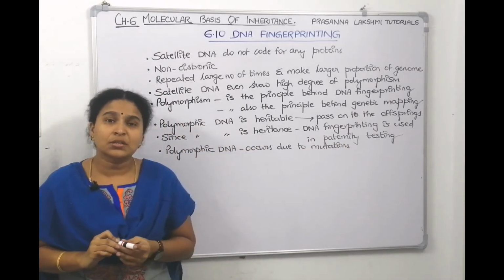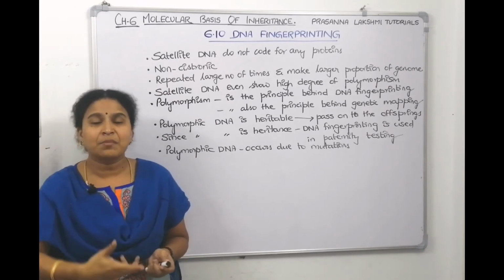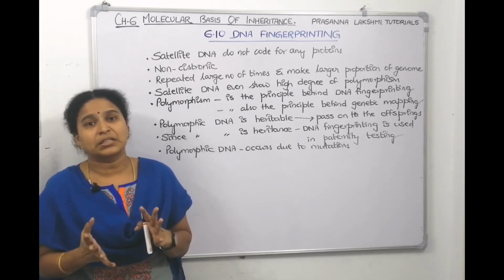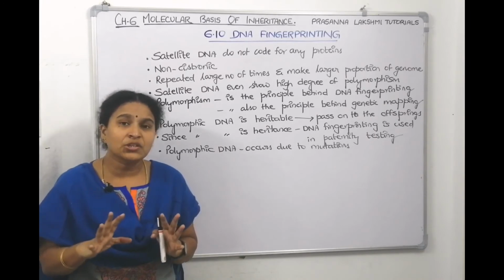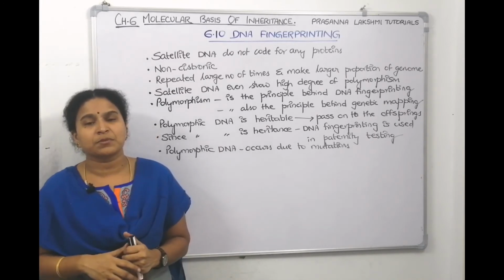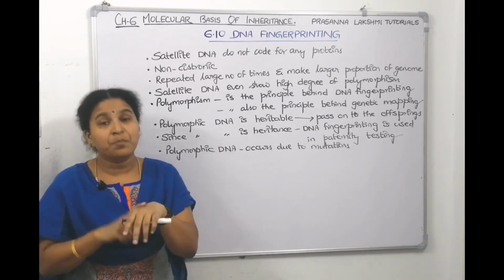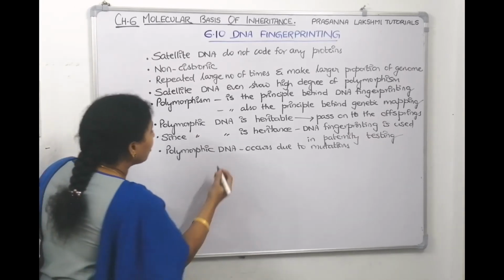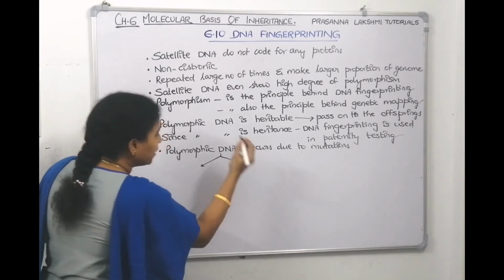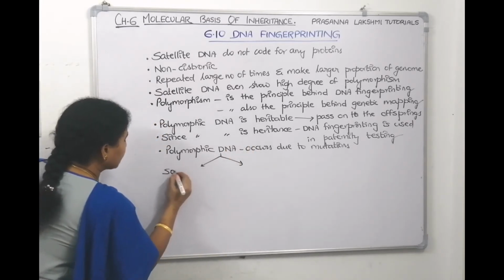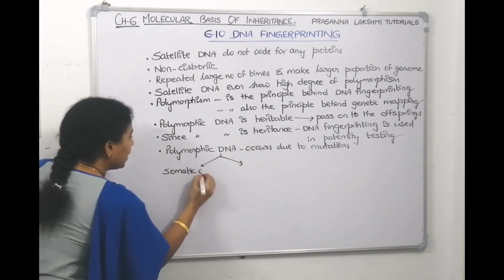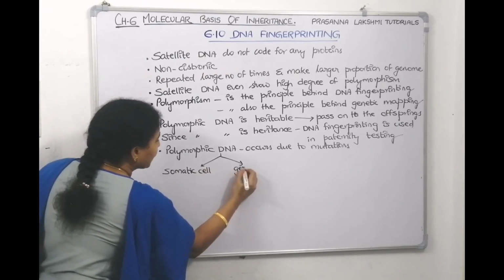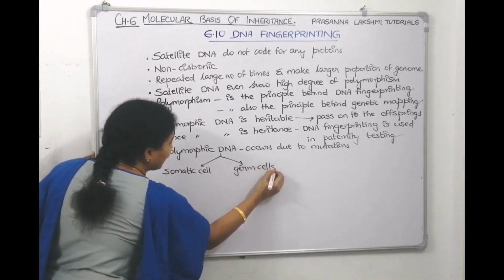We know in mutations, because of physical mutagens or chemical mutagens, there will be changes in the base sequences. That's called mutation. So mutations will lead to polymorphisms. Mutations can happen in body cells and also in germ cells. So polymorphic DNA due to mutations can be seen in somatic cells and also in the reproductive cells, which are called germ cells.